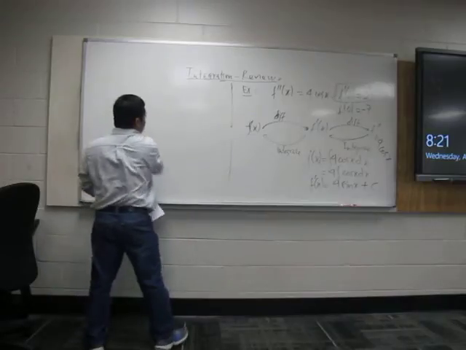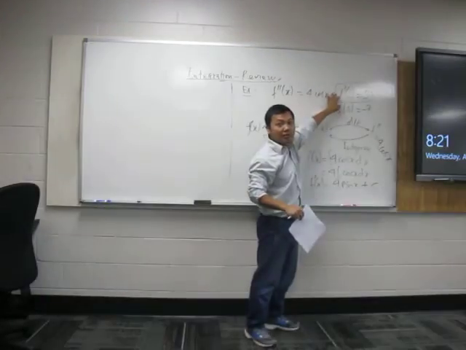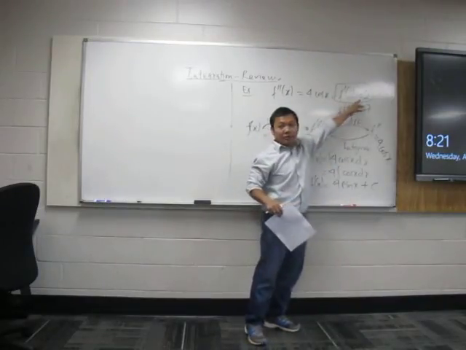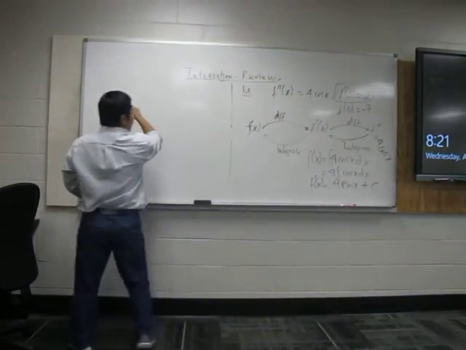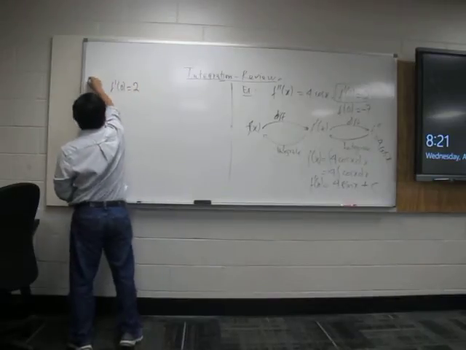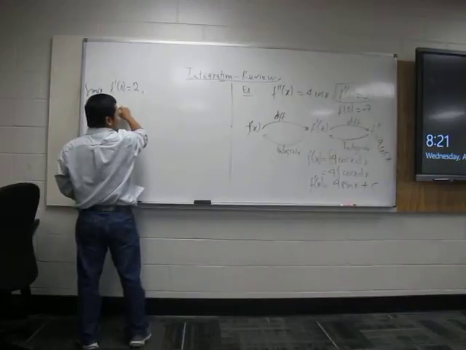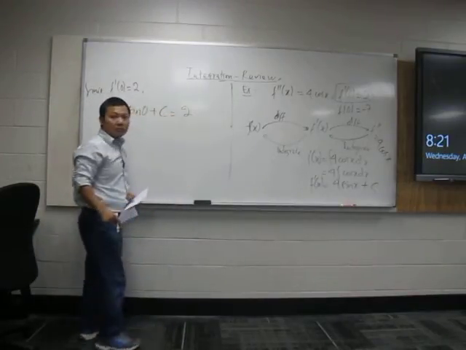So now, I have to use my initial condition for the first derivative, right? I plug 0 into this function and set it equal to 2. From here, I know f derivative at 0 is 2. Then we have 4 sine of 0 plus c equal to 2.